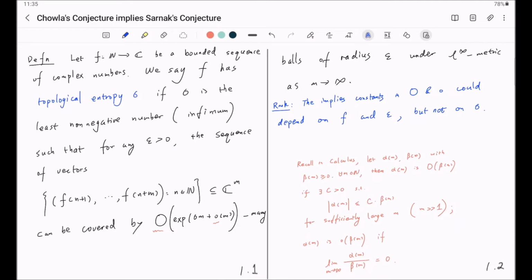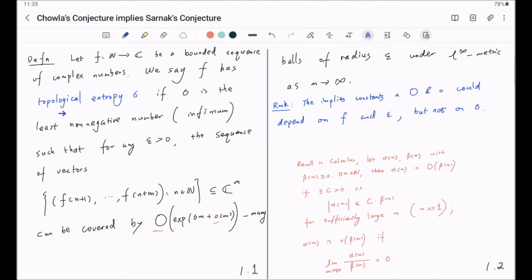Now, some of you might have already seen the notion of topological entropy somewhere else for a dynamical system. What is the relation between our definition of topological entropy here and the usual notion of topological entropy for a dynamical system?